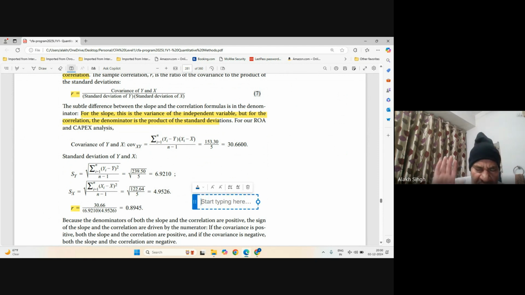So, let's try it. Beta is equal to R times Sy divided by Sx. That is what we had figured out.